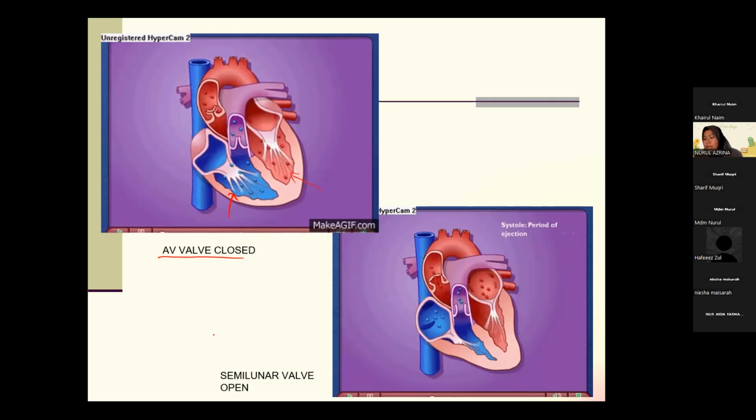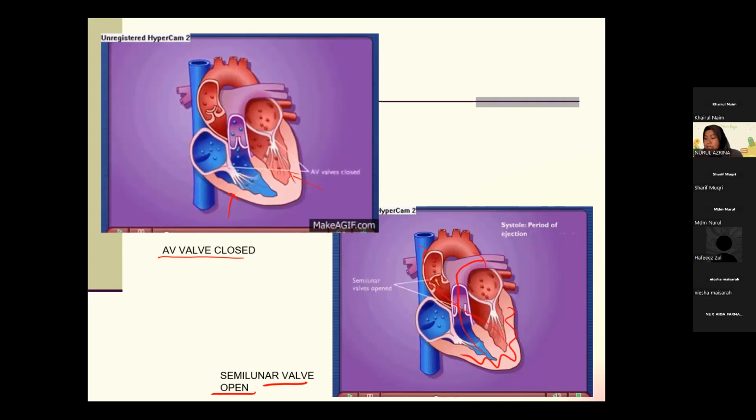And this one showing you the opening of semilunar valve. Again, when ventricular systole takes place, blood will be pumped out into the large arteries, which makes the semilunar valve open, and AV valve will be closed.